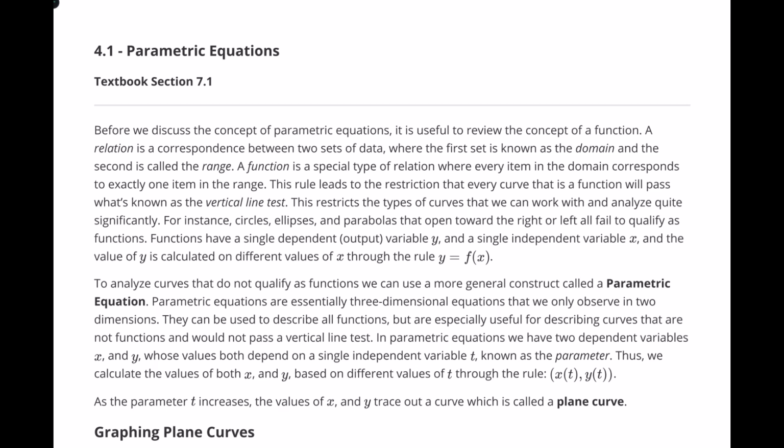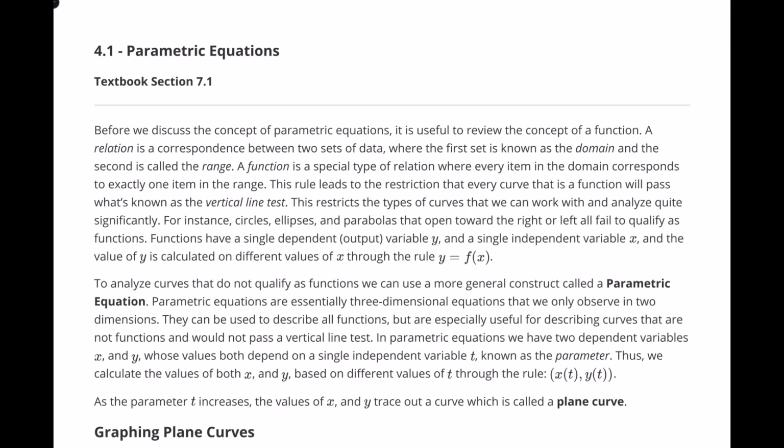But that's very limiting in the types of analysis that we're actually able to do here, because, for instance, let's say we want to work with the calculus of a circle or an ellipse. Both of these functions, or I should be more specific and say relations, neither of them pass the vertical line test, so they don't count as functions, and therefore our techniques that we've developed thus far don't work with them.